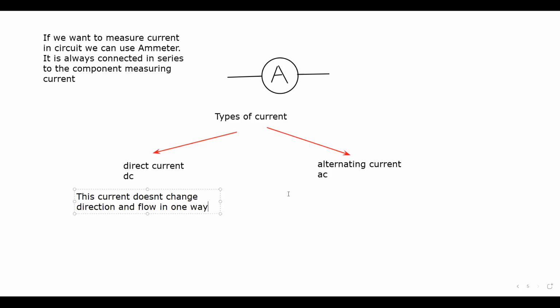And what is alternating current? This current continuously changes the direction and flows in both ways.